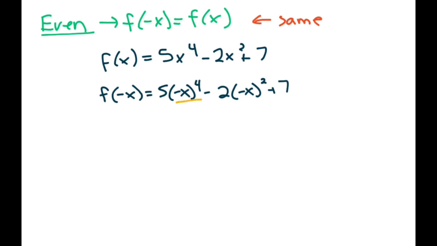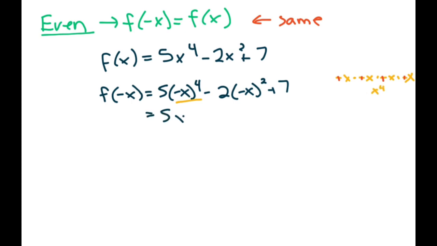This (-x) to the 4th is -x times -x times -x times -x. And whenever it's an even exponent, a negative times a negative is a positive, and a negative times a negative is a positive. So this is just x to the 4th.